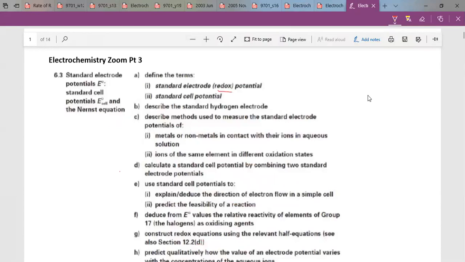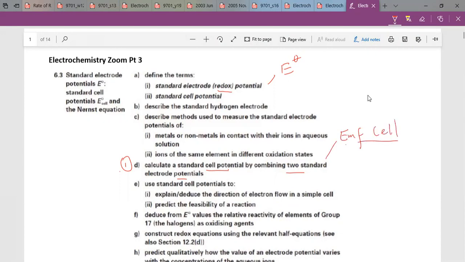So the first use, the E naught or E standard, is to calculate the standard cell potential by combining two standard electrode potentials, so find the EMF of a cell, that's all.